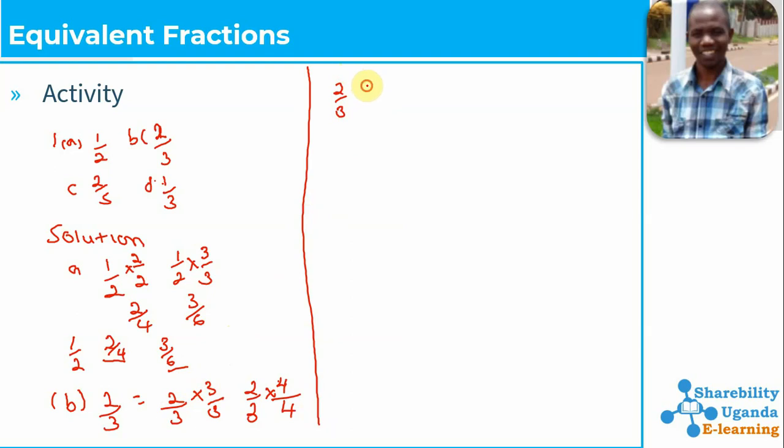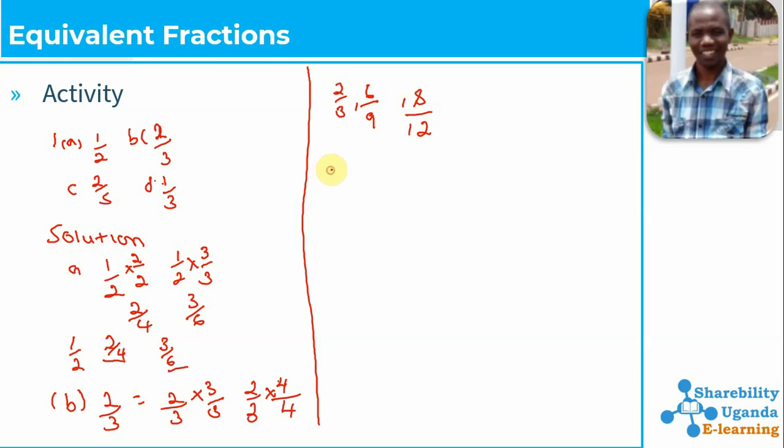We shall get our 6 here out of 9. 9 is coming from 3 times 3, okay? Then our other next number is going to be what? What is 2 times 4? It's going to be 8, and 3 times 4 is 12. So these are our next two equivalent numbers of part B.